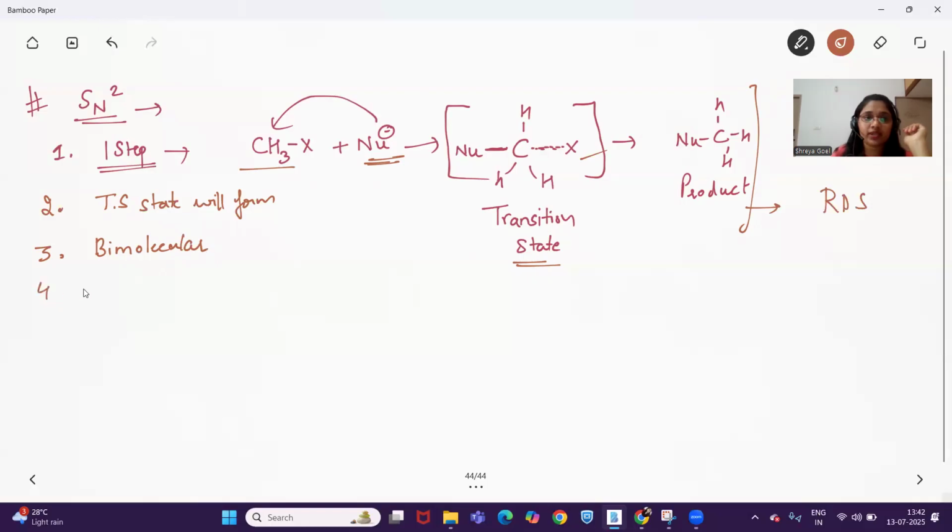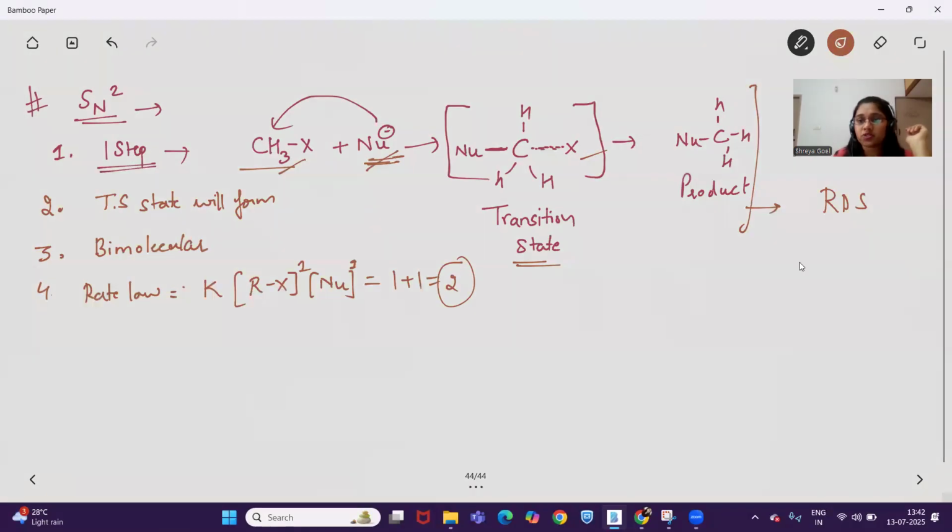So we can write our rate law as rate depends upon alkyl halide and also on nucleophile. So 1 plus 1 will give you order 2, right? That's why this is second order and this is bimolecular, because two molecules or two reacting species are present in the rate determining step. Transition state is forming here.